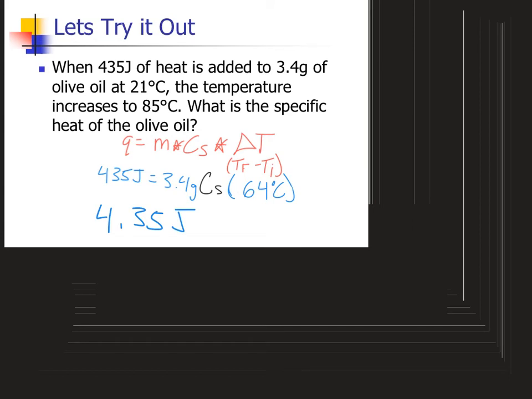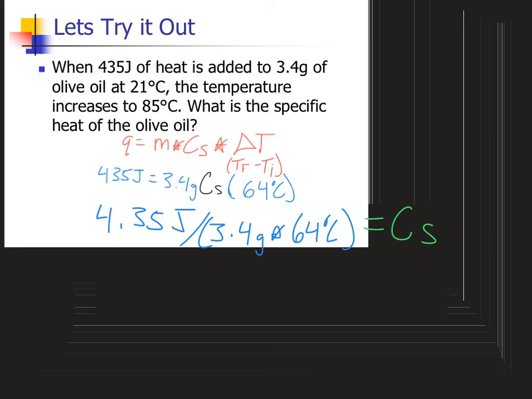We will then divide that by, I'll put it in parentheses, 3.4 grams times 64 degrees Celsius. And that is going to, again, equal our specific heat.